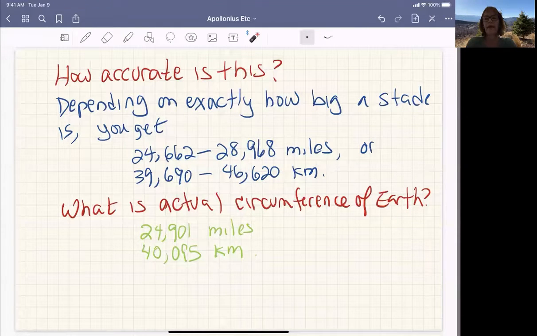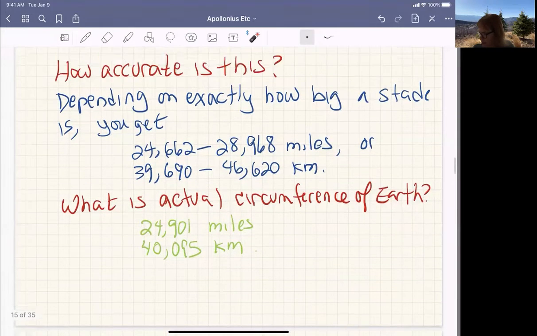So he did a pretty accurate measurement of the circumference of the Earth using a very clever technique by looking at when the sun is directly overhead in a city, and then compared it to Alexandria.